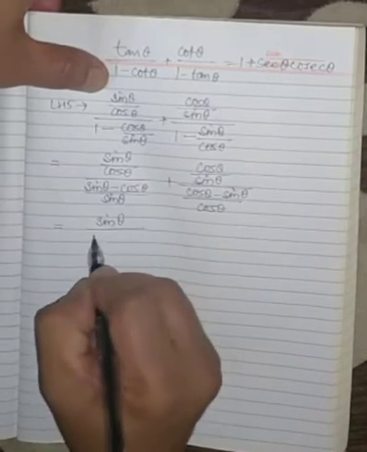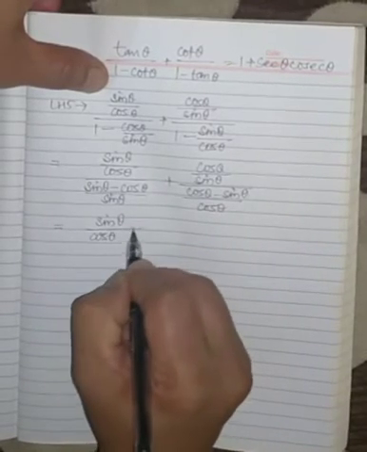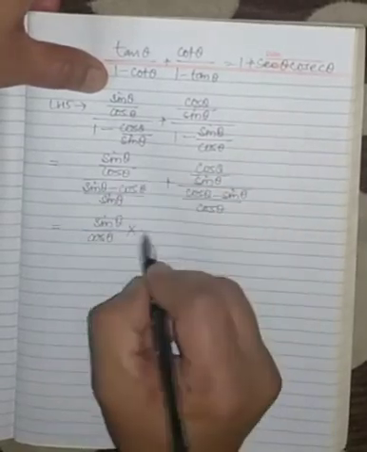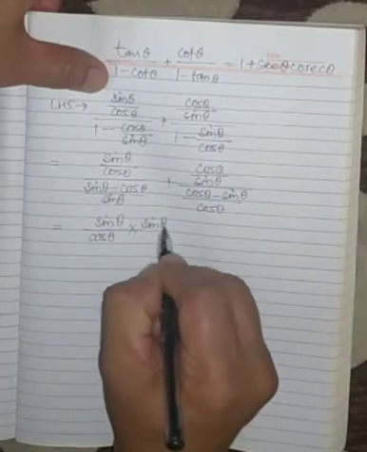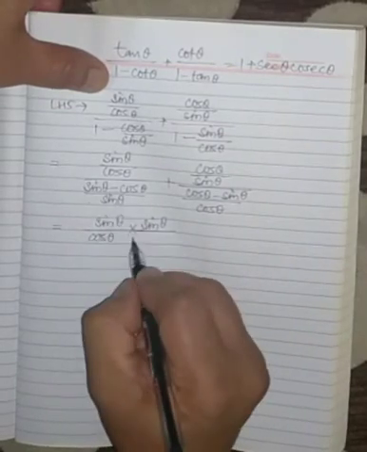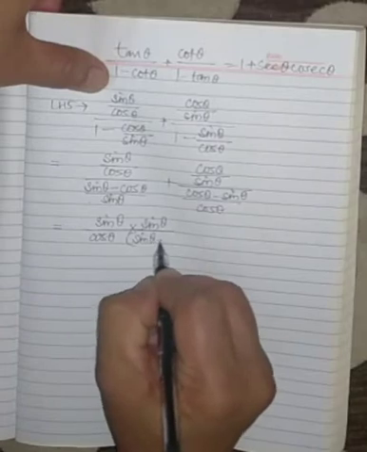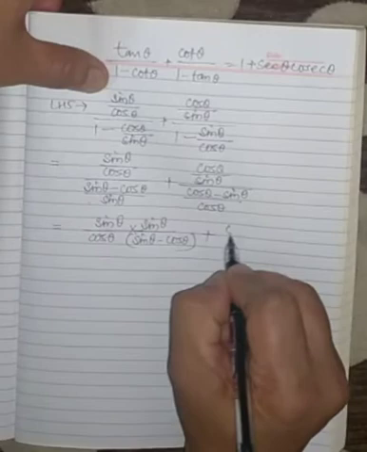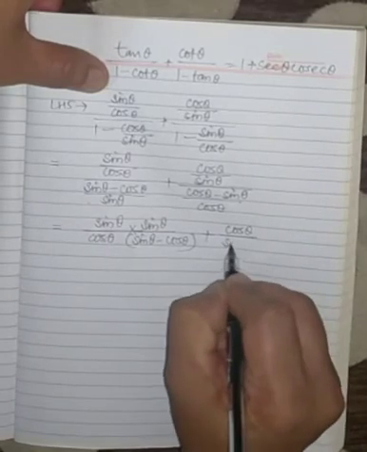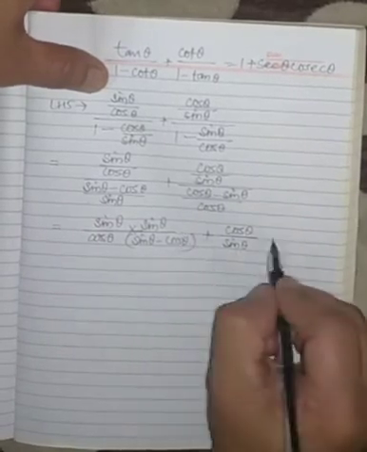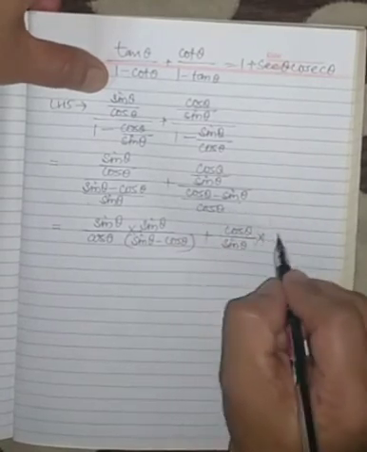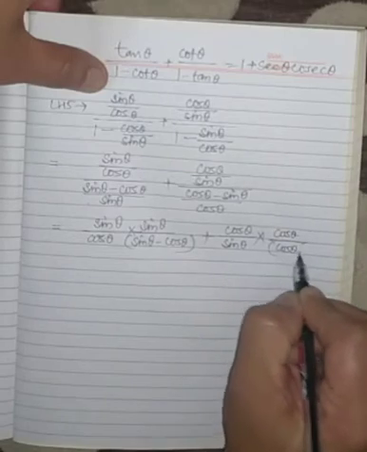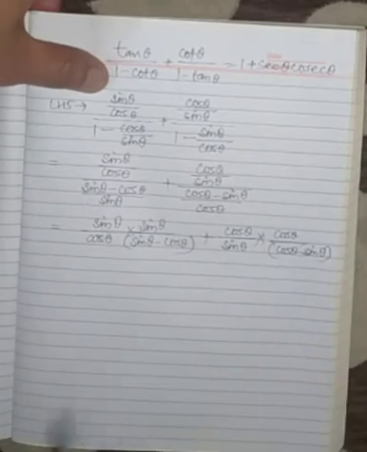sine theta upon cos theta into this part will become reciprocal. Sine theta will go up and in denominator it will come sine theta minus cos theta plus cos theta upon sine theta, this part as it is, into this part becomes reciprocal, cos theta upon cos theta minus sine theta.